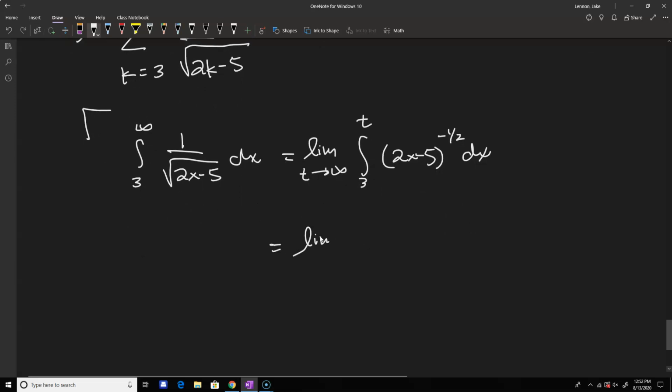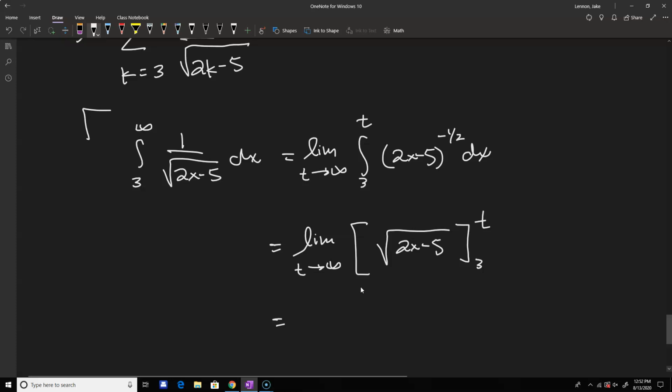So this is going to be the limit as t goes to infinity of, what do we have? Well, we have 1/2, and then we're dividing by 1/2 and dividing by 2. So this, in fact, is just going to be the square root of 2x minus 5 from 3 to t. Let's check that by doing the derivative. You'd have a 1/2 in front coming from the antiderivative, then you'd have a derivative of 2 coming out, canceling that. So yeah, that in fact does work.